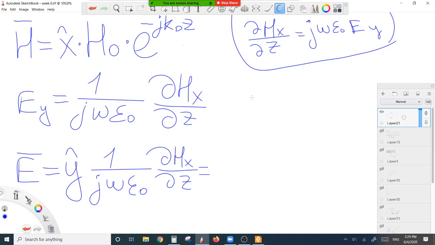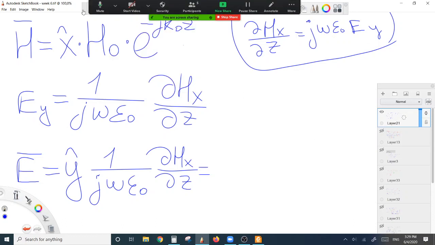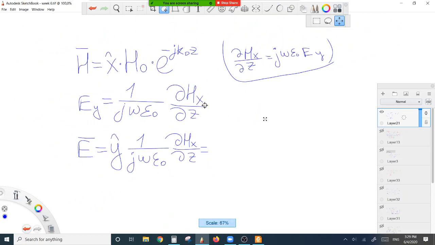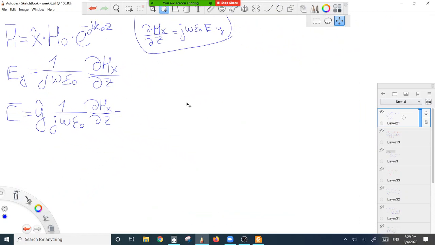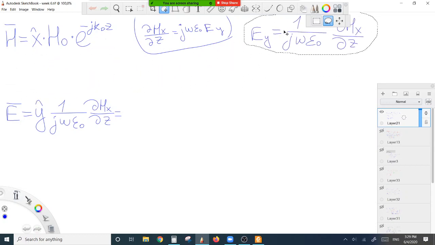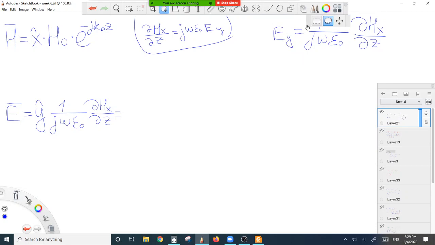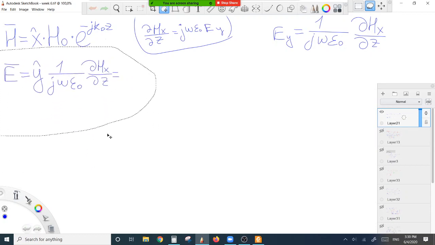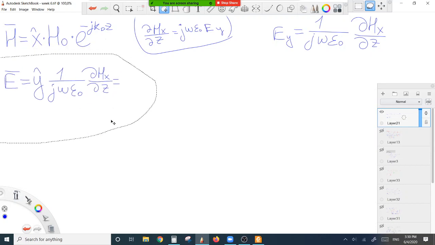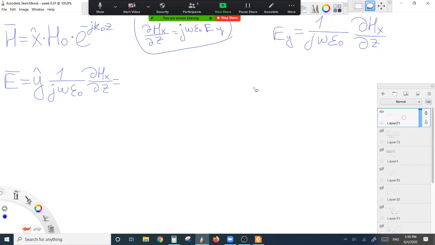Okay, now let's try to compute the derivative of Hx with respect to z. What will we get?